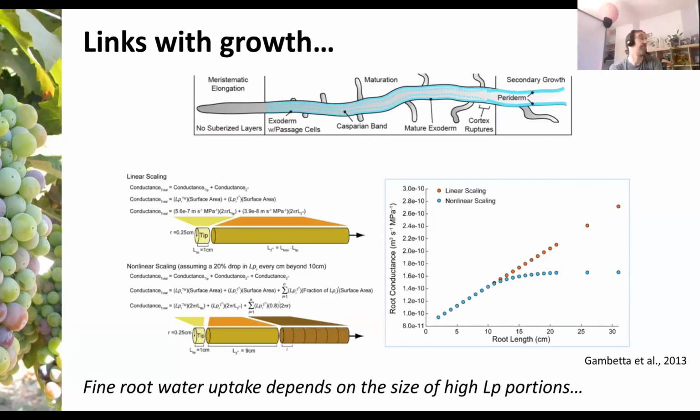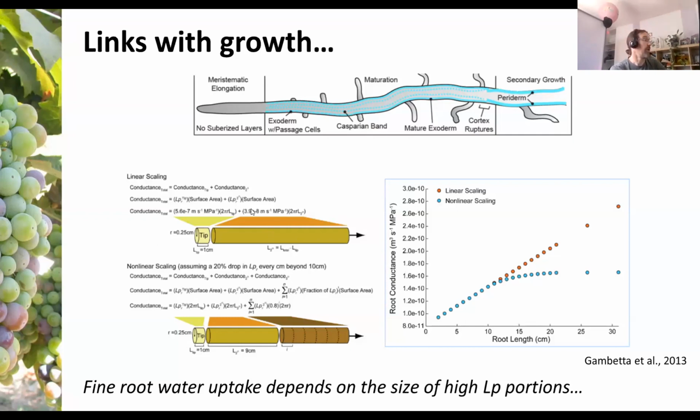So I'm going to leave the seminar at the end here with just one last thought, just for interest. Maybe somebody will pick up on this and run with it. This idea that hydraulic conductance changes along the length of a root and that root tips are the most conductive is really interesting. Buried in this paper that we published back in 2013, in the supplementary data, where we don't really talk about it much, we did a little modeling experiment.